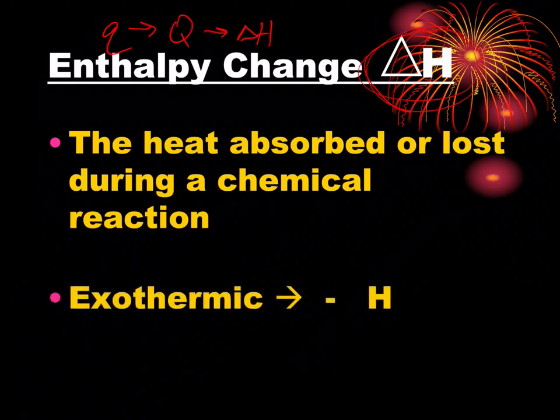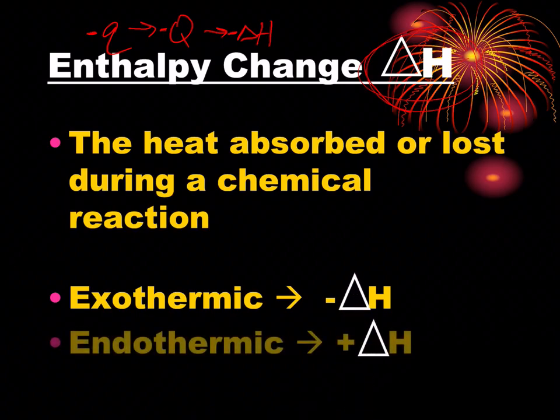We know that if it was exothermic, if it was releasing and decreasing in temperature, our Q would be negative. And if it was phase changing and it was condensing or freezing, it would be exothermic, and so we'd have a negative Q. Well, if it's a reaction and it's exothermic, it's still negative.